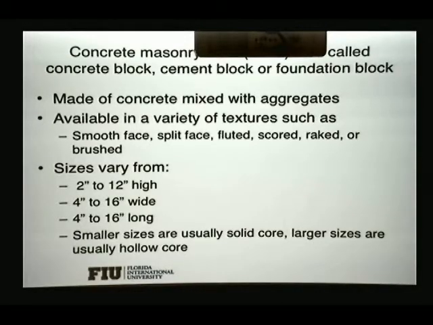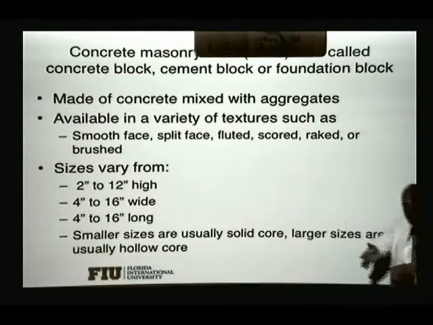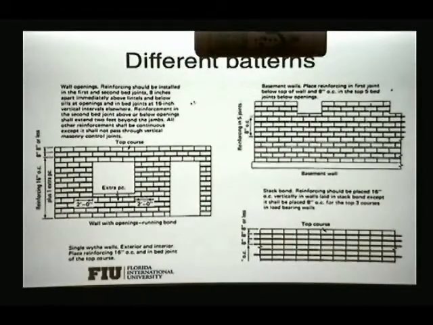So you have different types of CMU also. You may have different types of faces, different finishes, different colors, different widths, sizes. So you need to be very careful about what the specification calls for, so you don't estimate the wrong type of brick. There are also different types of patterns.